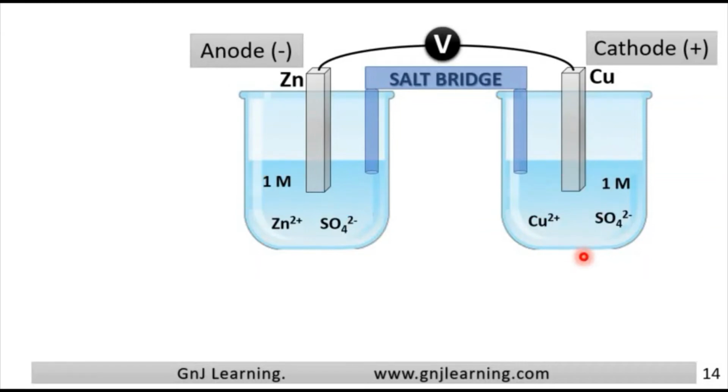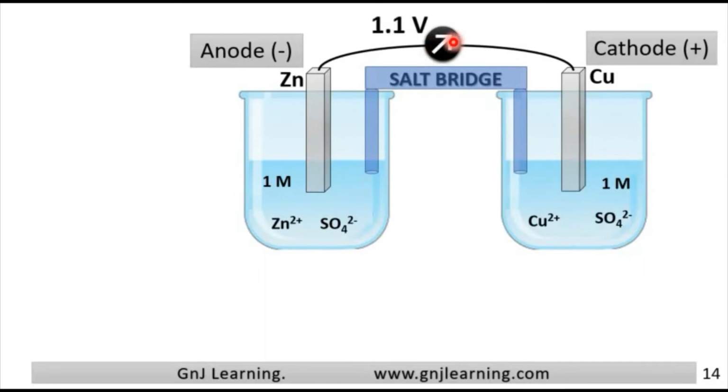That means the cell is standardized and its voltage difference will always be the same. So to avoid confusion between the concentrations, I have standardized both half cells, and hence their concentration is unity in both half cells.